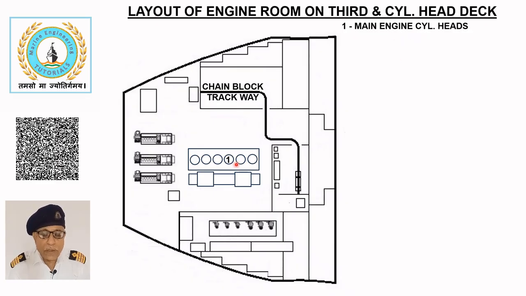The main engine cylinder heads 1 located on the cylinder head platform are accessible from the third deck via stairs. Exhaust manifold. The exhaust manifold 2 located below the third deck receives exhaust gas from the exhaust valves of each cylinder unit.